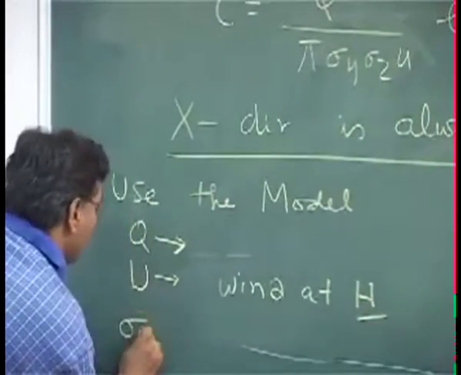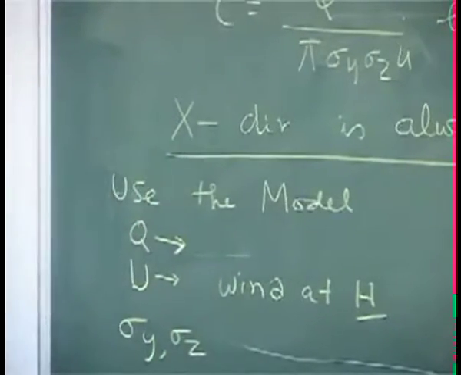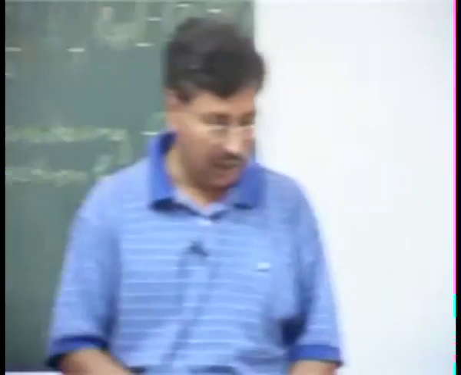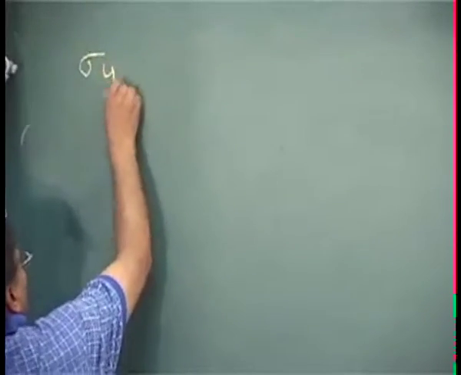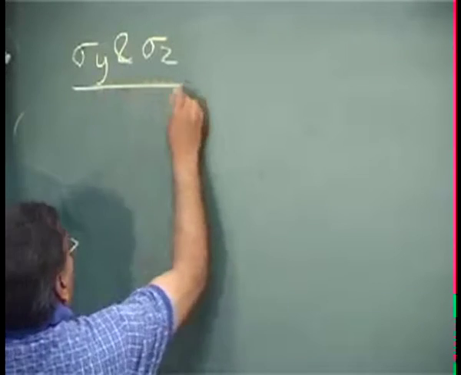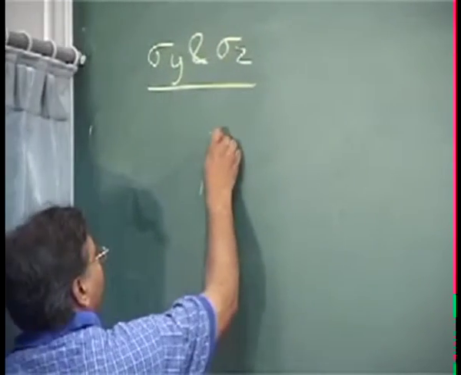The other things you need are sigma y and sigma z. We'll have a little discussion as to how and where sigma y and sigma z come from. Let's see what these things are and how we can measure them. Again, let me draw a picture of your chimney.